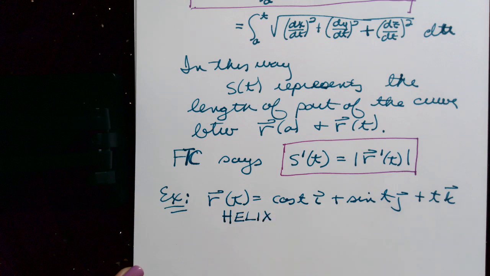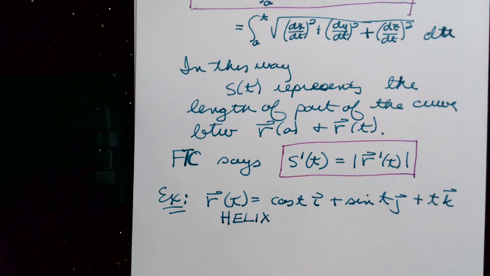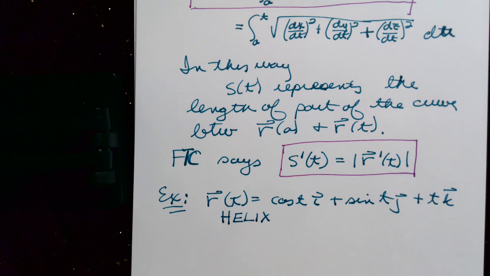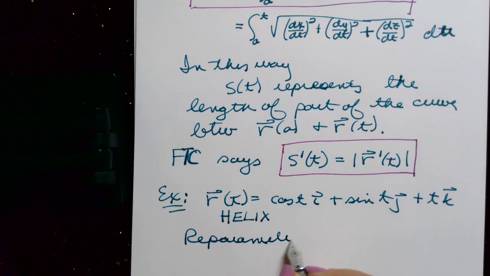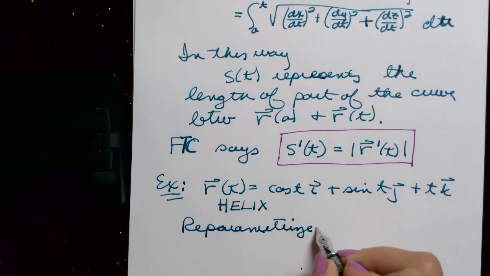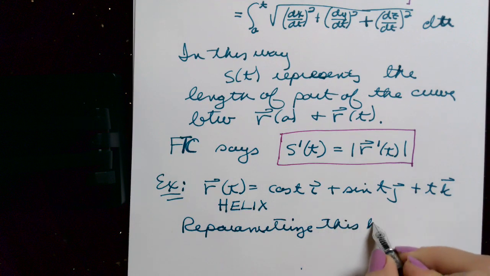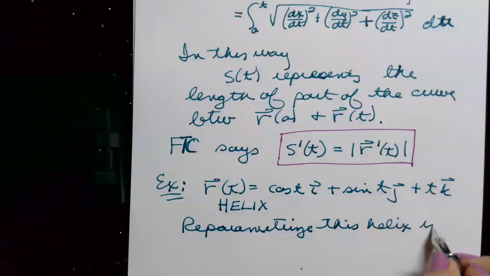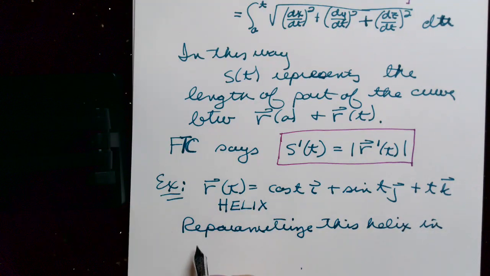That curve, when you plot it in space, is a helix, and it goes up as t goes up. So suppose I want to parameterize this helix in terms of arc length.